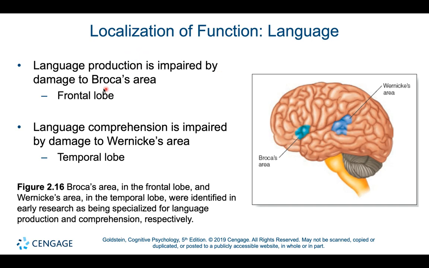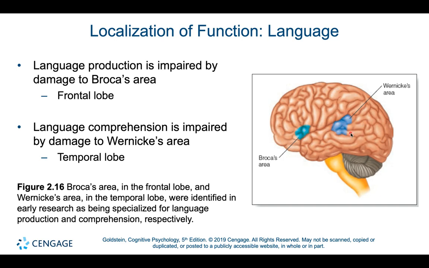So Broca's area in the frontal lobe, this one right here, helps us produce language. So if you damage Broca's area, then you can comprehend language and understand language, but you have a difficult time producing language.